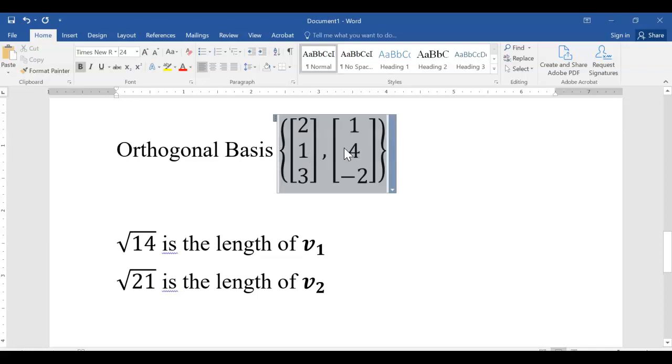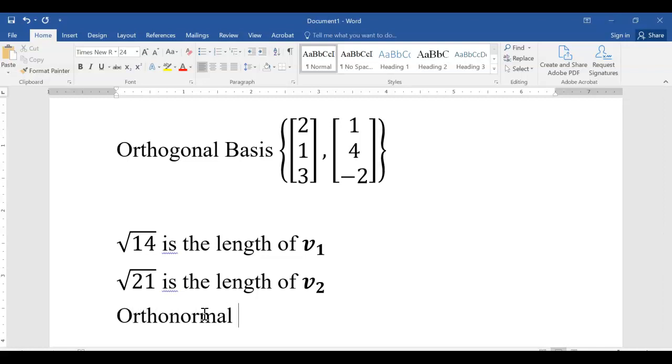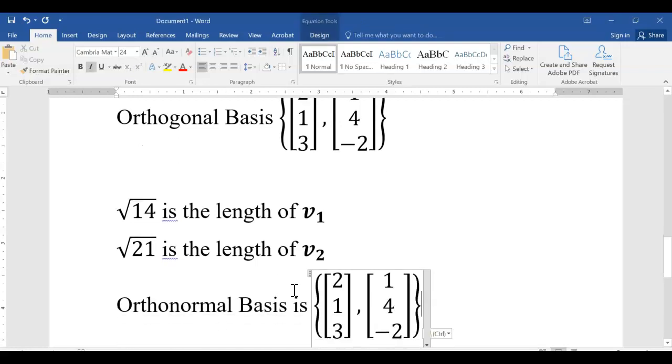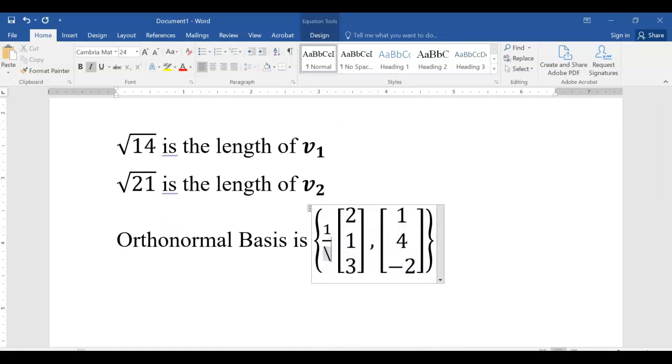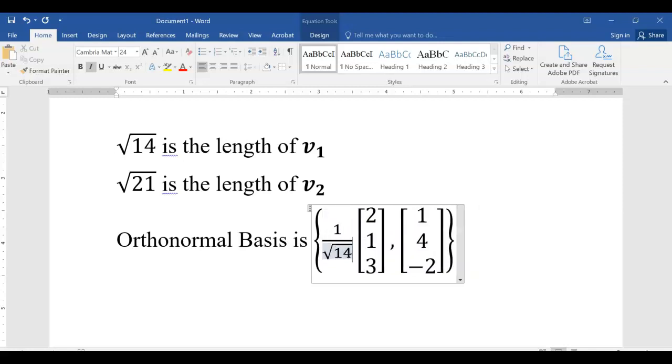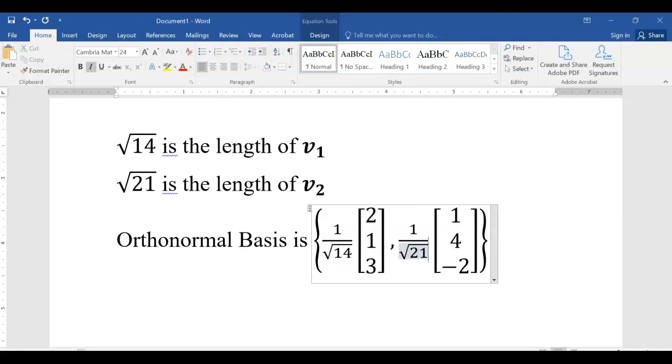So all we're going to do to find an orthonormal basis, we take 1 divided by the square root of 14, multiply that by 2, 1, 3, and then take 1 divided by the square root of 21, and multiply that times 1, 4, -2. And there you go, that's my orthonormal basis.